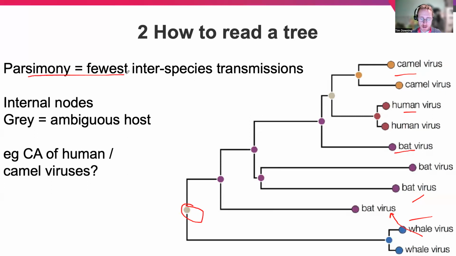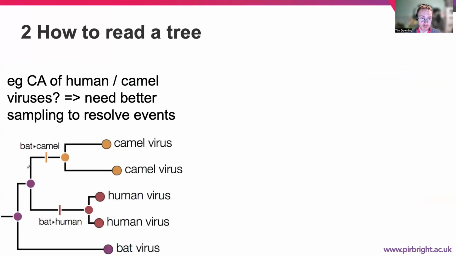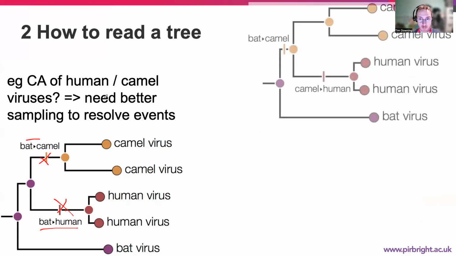So we can think about the most parsimonious scenarios possible here in terms of the number of interspecies transmissions. If we look at this diagram here, we might hypothesize that there's a transmission from bat to camel and bat to human, two separate transmissions, and they would occupy these internal branches on the tree. Equally, we could test the other hypotheses of transmission from bat to human and human to camel. So here we have bat to camel, and then camel to human. So that's two transmissions as well at different points on the tree.